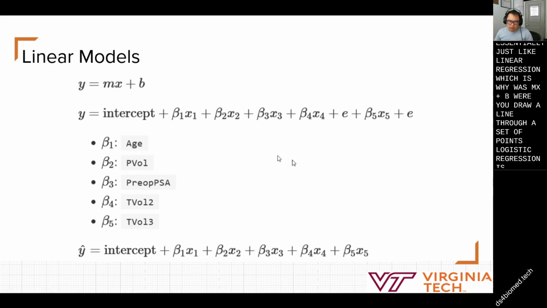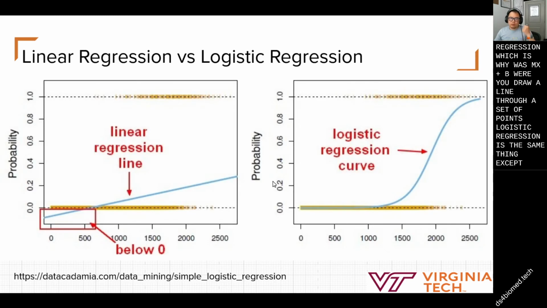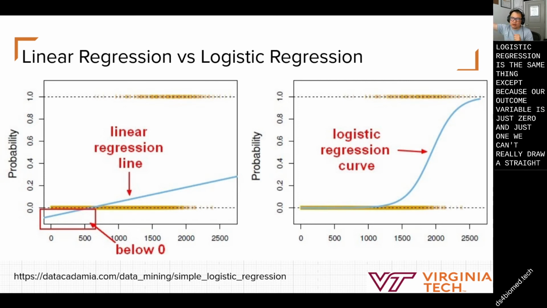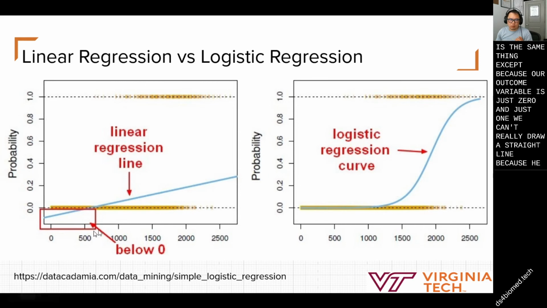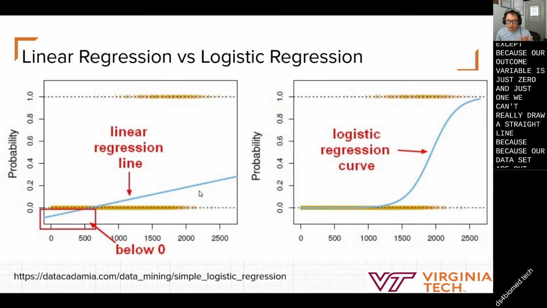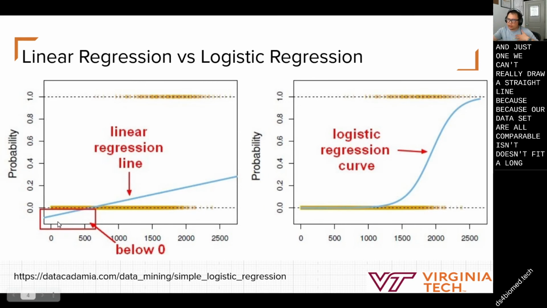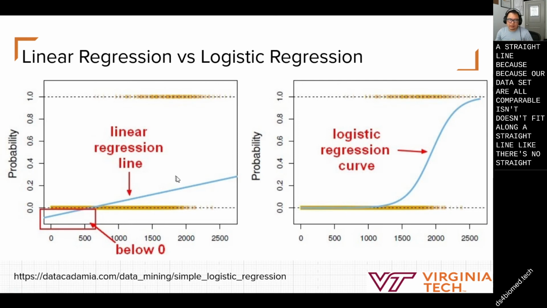Logistic regression is the same thing, except because our outcome variable is just 0 and 1, we can't really draw a straight line because our outcome variable doesn't fit along a straight line. There's no straight line that can represent two binary values.